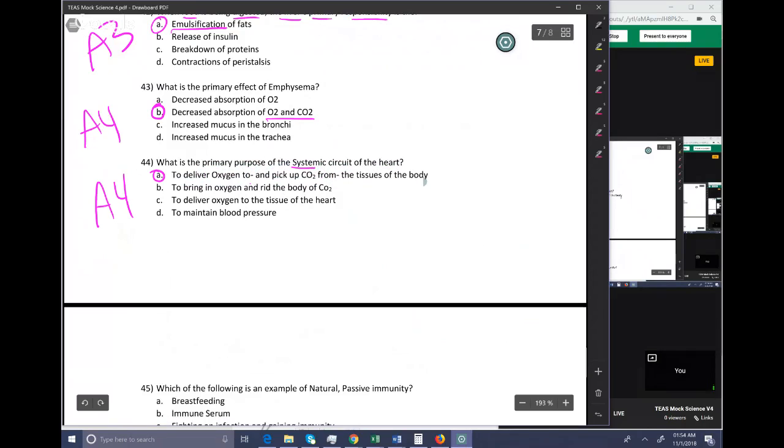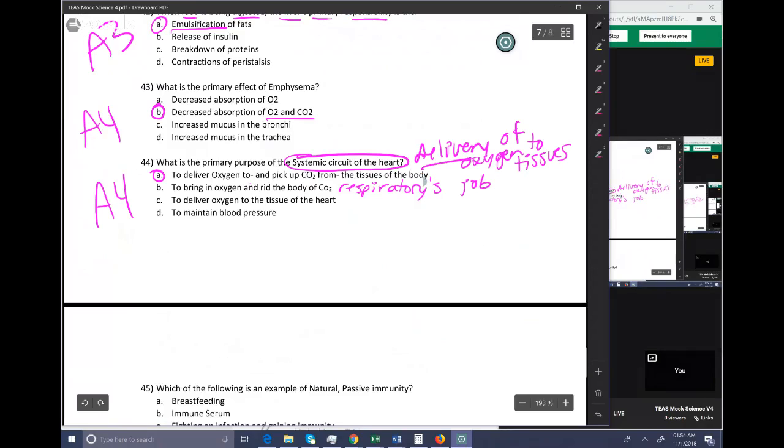The reason that it's not B, to bring in oxygen and rid the body of CO2, is that's how we would describe the respiratory system's job. Systemic circuit of the heart, that is the delivery of the oxygen to the tissues and in turn picking up CO2 from those same tissues.